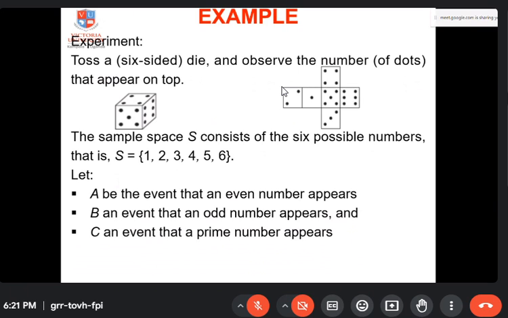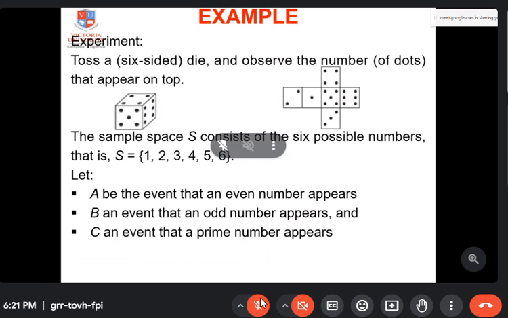We have 1, 3, and 5. Very good. So set B will be having 1, 3, and 5.